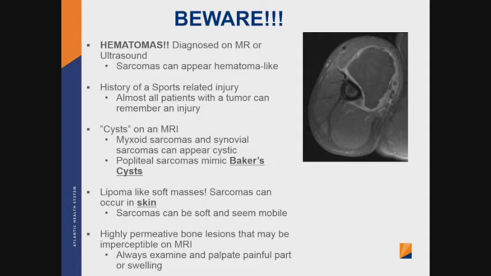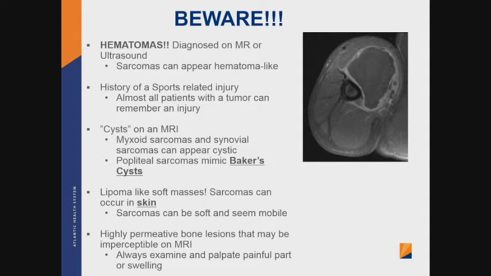Cysts on an MRI, unless you've gotten an MRI with gadolinium, you can't tell definitively that it's a cyst. Myxoid sarcomas and synovial sarcomas can appear cystic. Popliteal sarcomas often mimic a Baker cyst, and I've seen several patients misdiagnosed as just having a Baker cyst without any radiological workup.